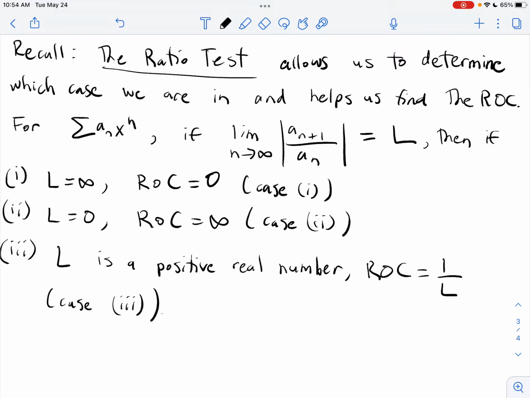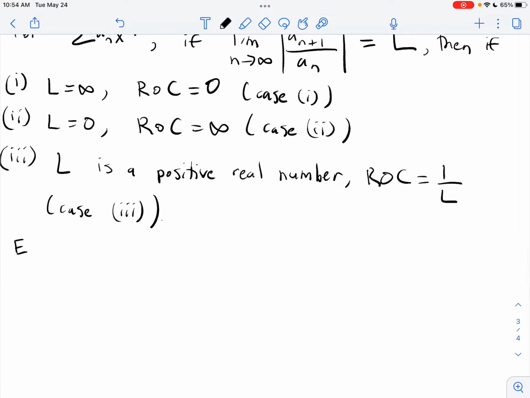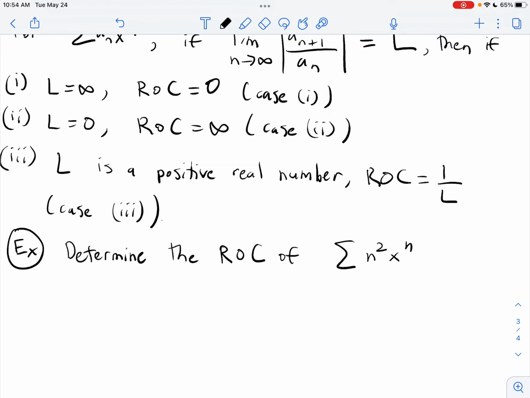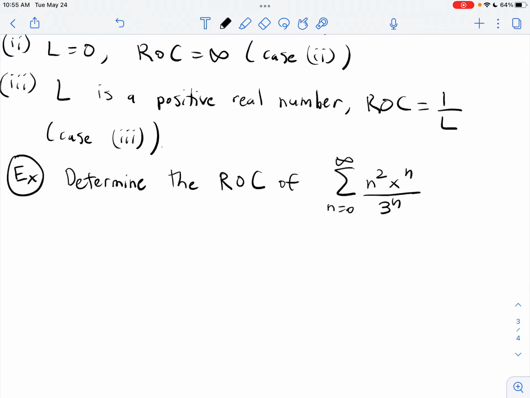So, as a quick example, let's find the radius of convergence of the following power series. Determine the radius of convergence of the sum of n squared x to the n over 3 to the n, going from 0 to infinity. So we are going to do the ratio test.